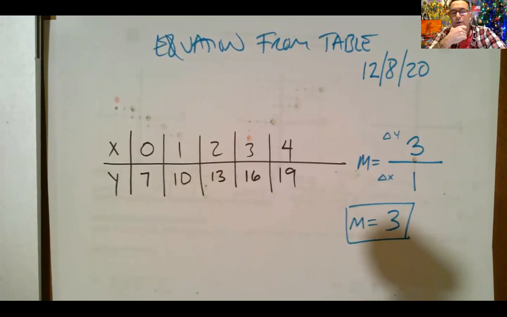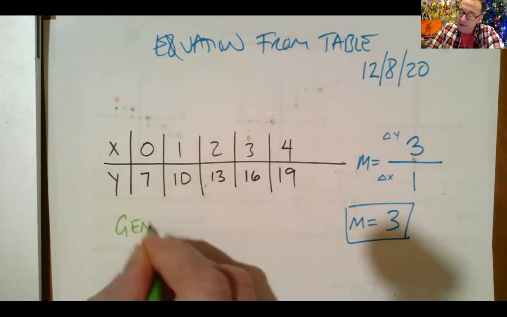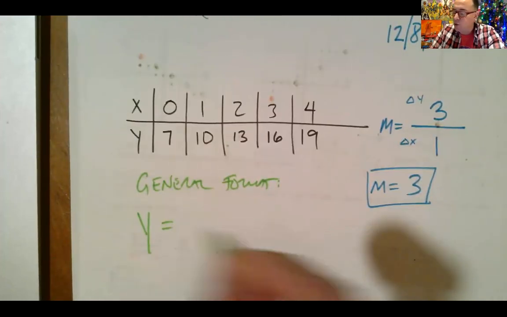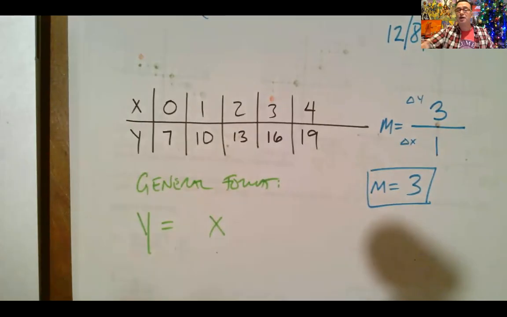Essentially your equations are going to be written in a format, and I'm going to write this down on the bottom. Our general format is that y is going to equal something with x here.